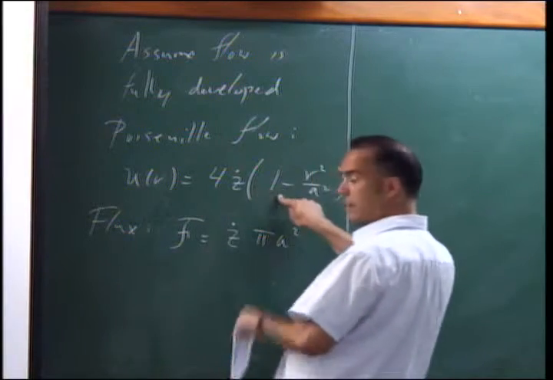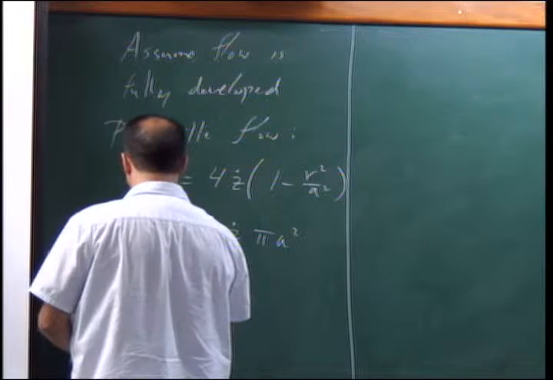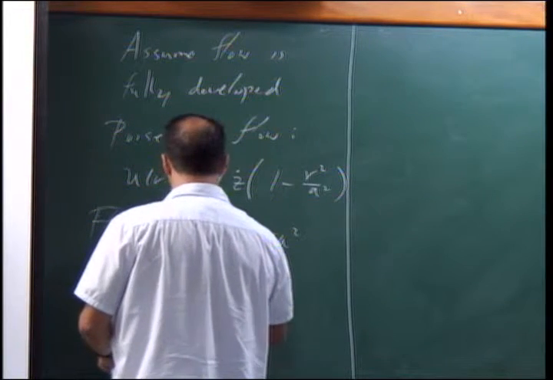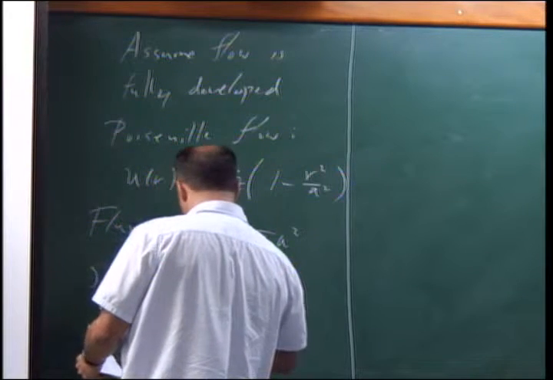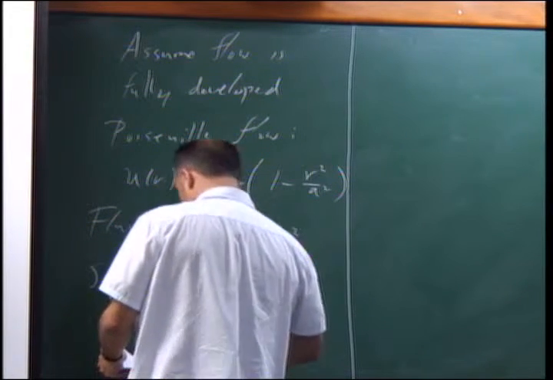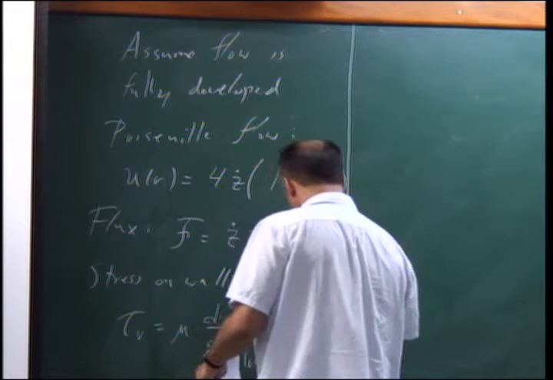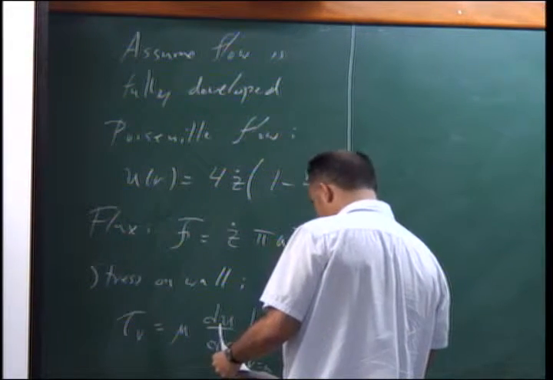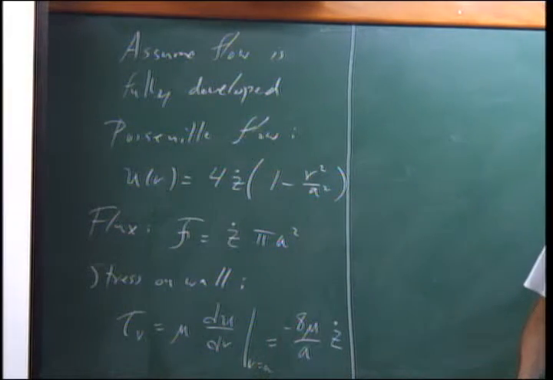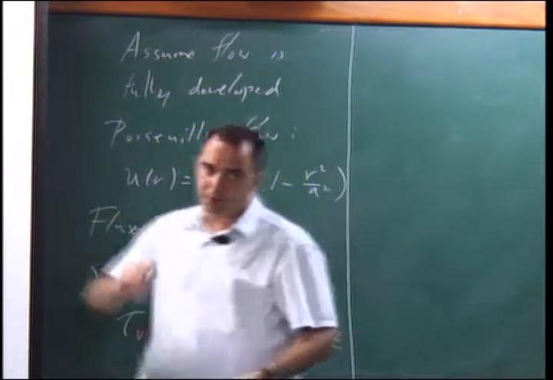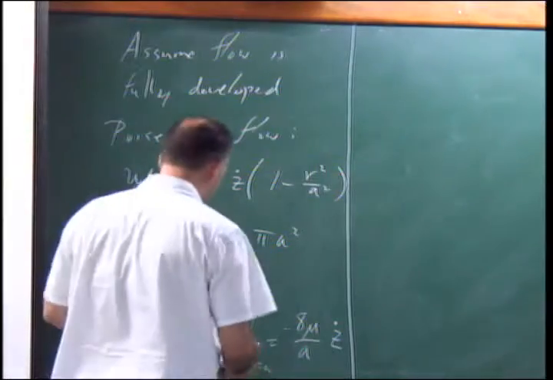So if you integrate this across the entire tube, and the stress on the wall... Okay, so this is again only going to be strictly true if you have a parabolic flow, but it'll allow us to make an estimate for tau nu.